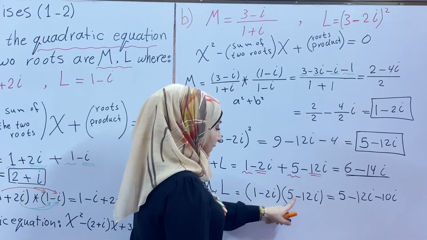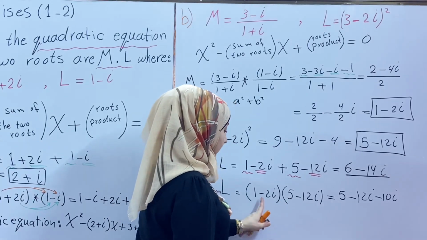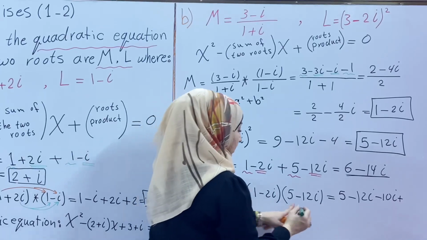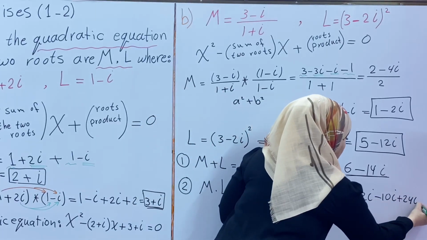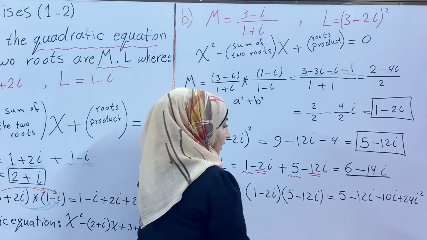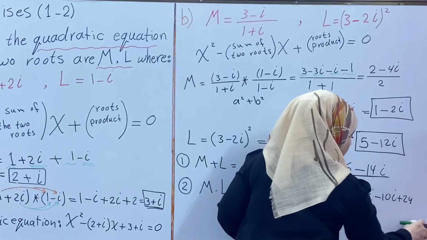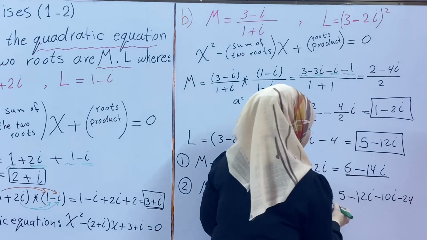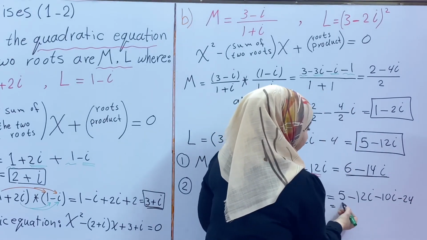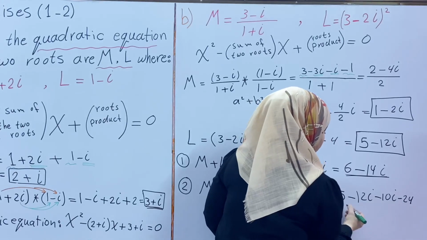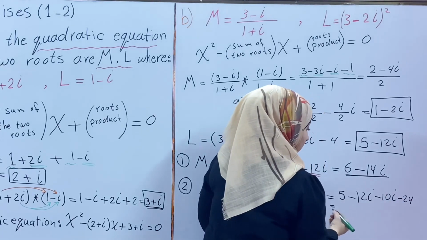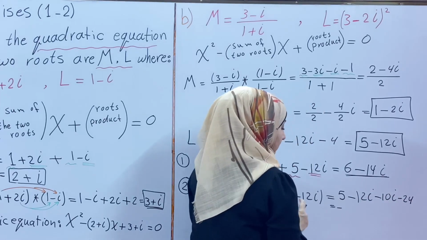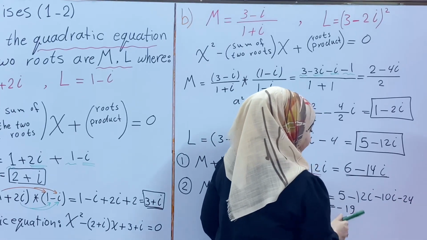Negative 2i multiplied by negative 12i, negative multiplied by negative, positive. 2 multiplied by 12, 24 I squared. And we will replace I squared by negative 1. And now we can simplify. 5 minus 24, we take the sign of the greater value and subtract: 24 minus 5 equals 19, negative.